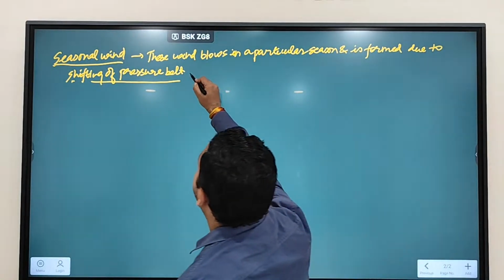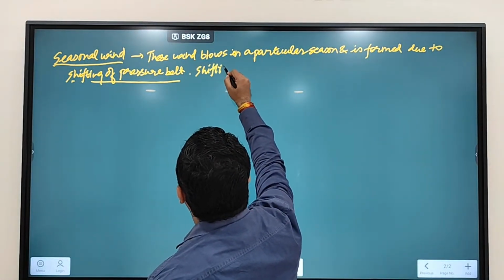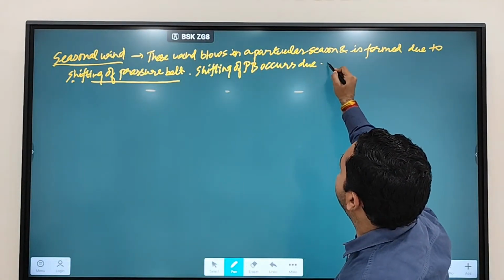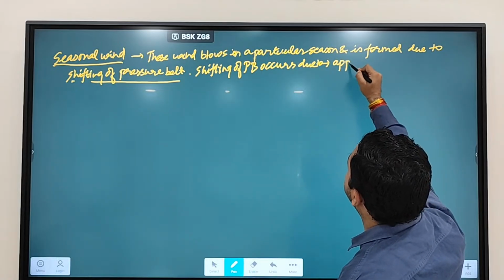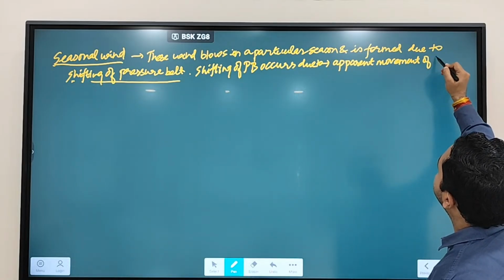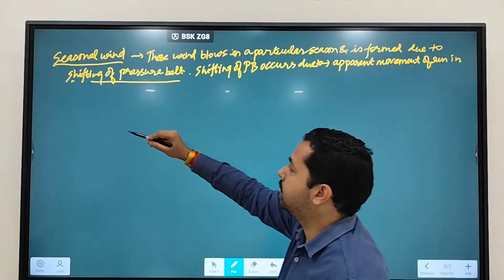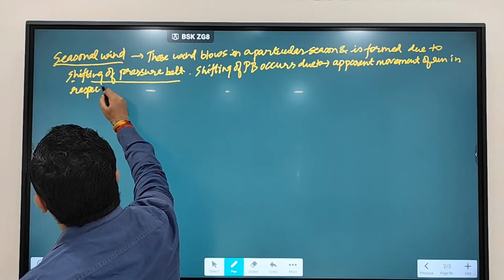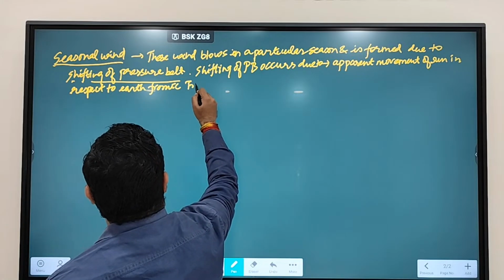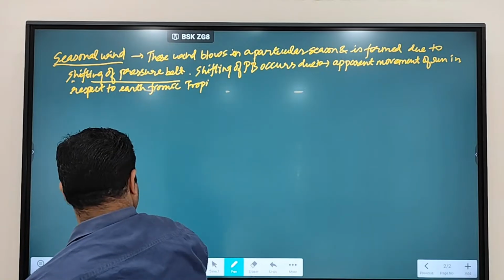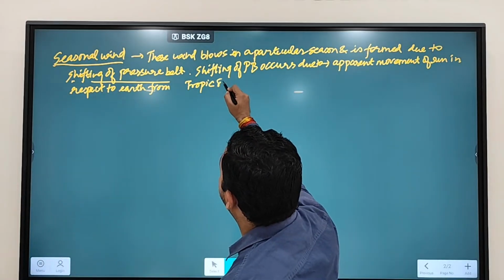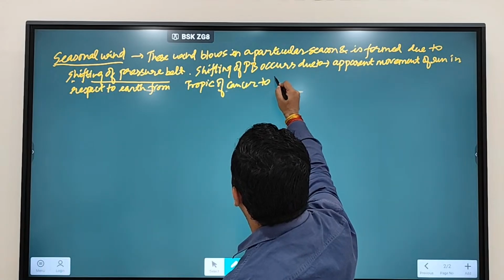The shifting of pressure belt occurs due to apparent movement of sun in respect to earth from Tropic of Cancer to Tropic of Capricorn.